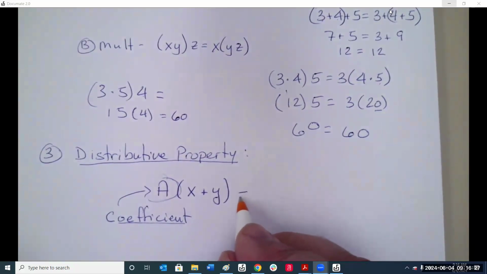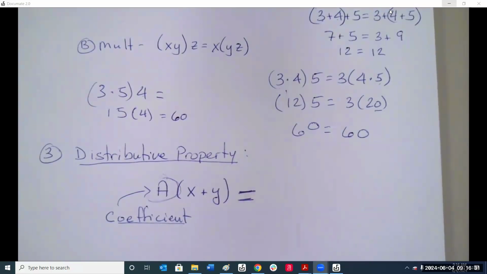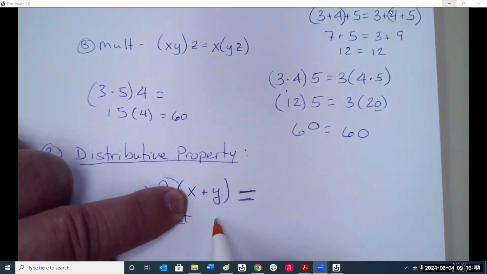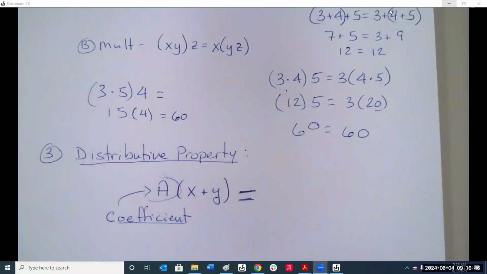What this property tells us, and I'll tell you why this rule is important. What this one tells us is A times whatever this is. So what this tells us is if we can't combine x and y, we have to get rid of the parentheses. We use distributive property to do that.